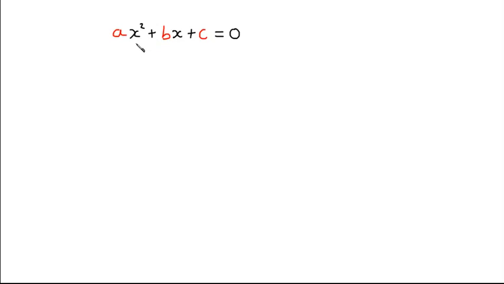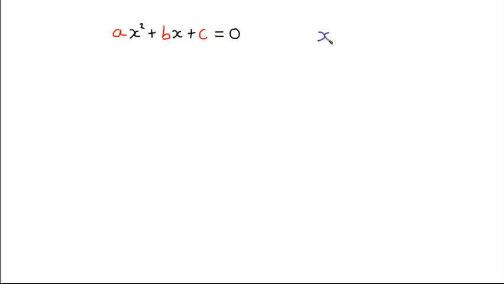Now remember, this is a quadratic because the highest power of x is squared. If it was less than that, it wouldn't be a quadratic. If it was more than that, it wouldn't be a quadratic. Now, in order to solve this using the quadratic formula, we're going to need the quadratic formula. So here it is. Now don't forget, when we're solving an equation, we're trying to find the unknown. In this case, that's x.